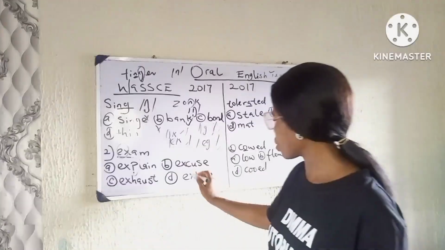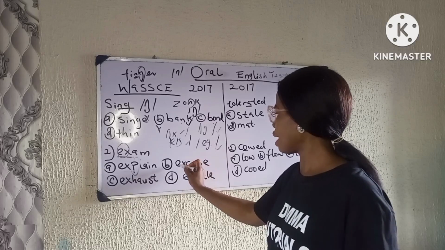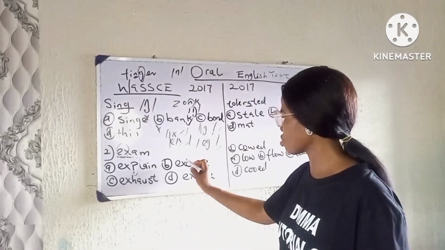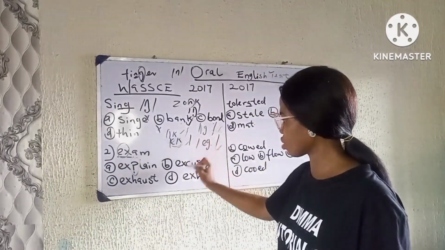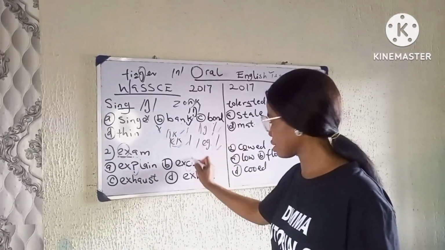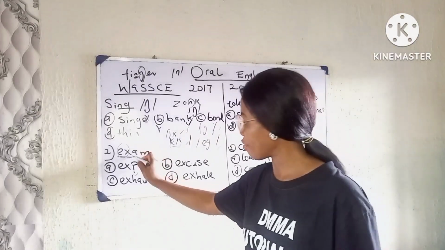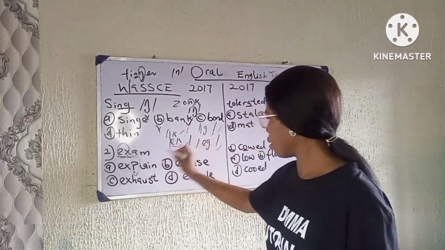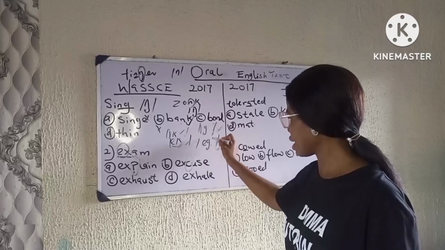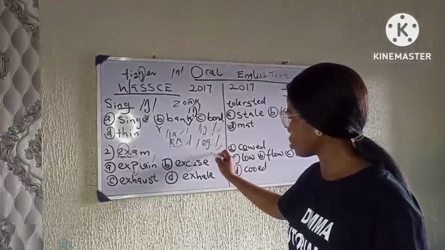Now option B, we have excuse. Now this word is pronounced excuse, or excuse. We pronounce it excuse or excuse because c has a consonant sound. Remember, we have a vowel sound in exam, so it is pronounced as either exam or exam. So option A incorrect, B incorrect.